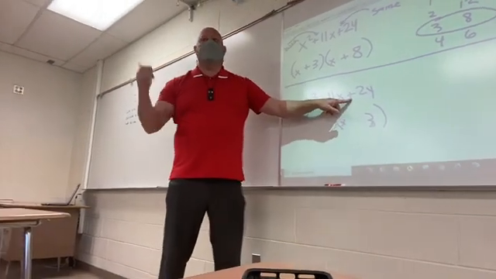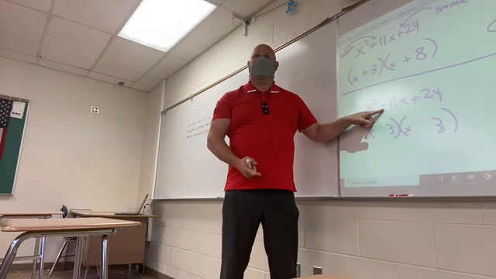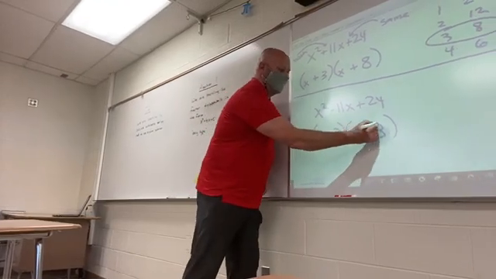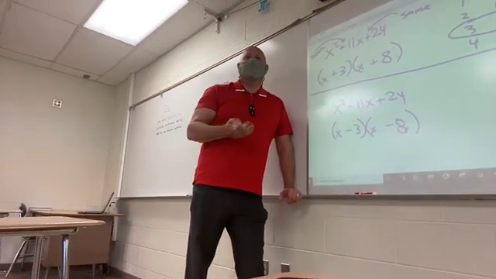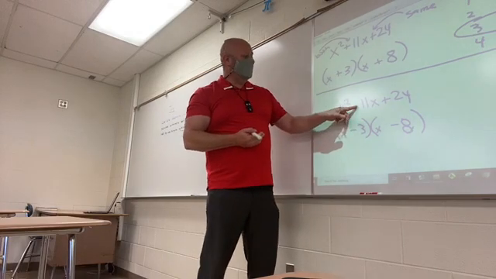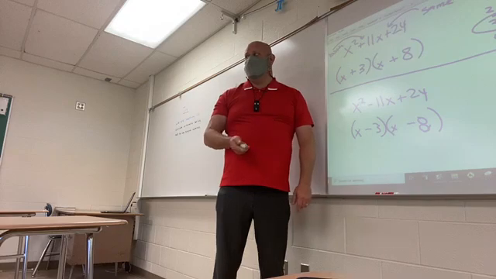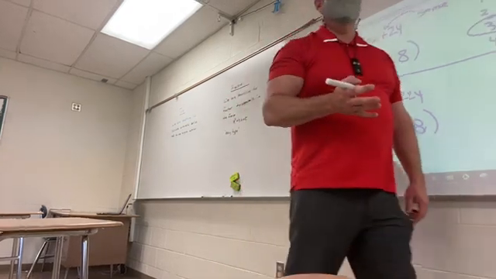This sign tells me my signs have to be the same. They just have to be both negative. So the only thing that changes if this is a negative is they're both negative. Does that make sense? Are we okay with these?